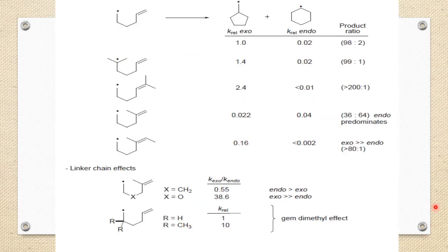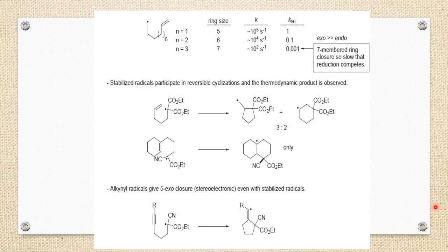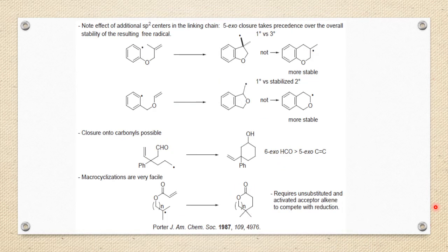There are some, this slide again tells about different other substrates and the reason why one of them will predominantly form over the other. Again, here look at the ring size: 7-membered ring closure is slow and 6 is more preferred in most of the cases.